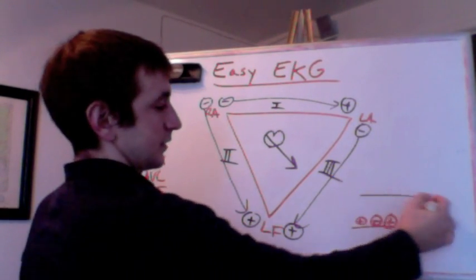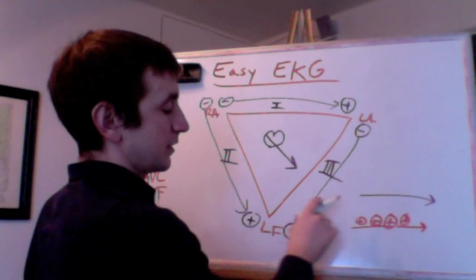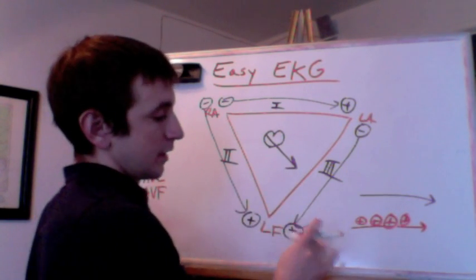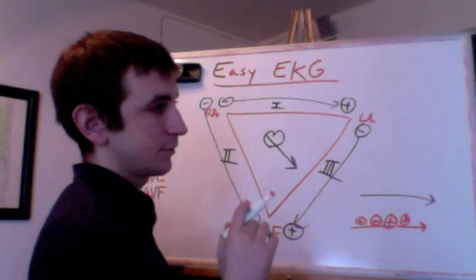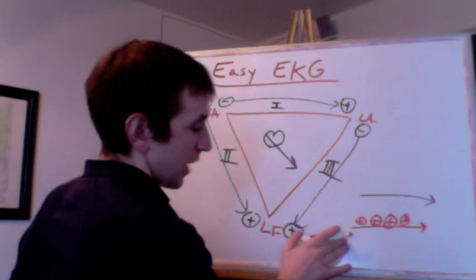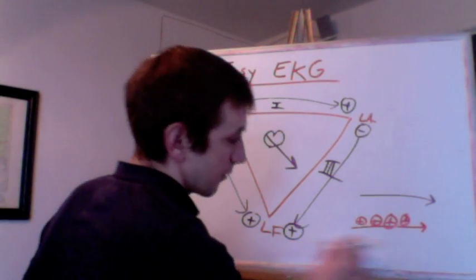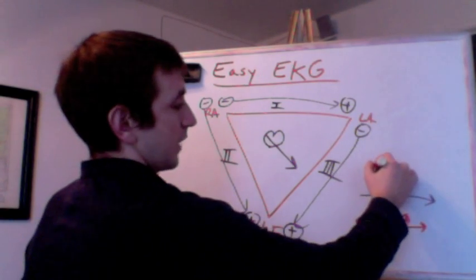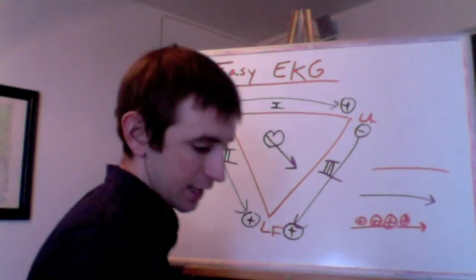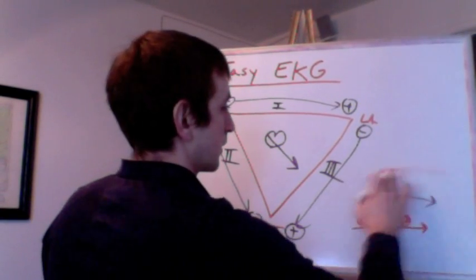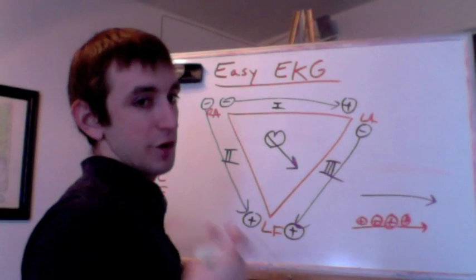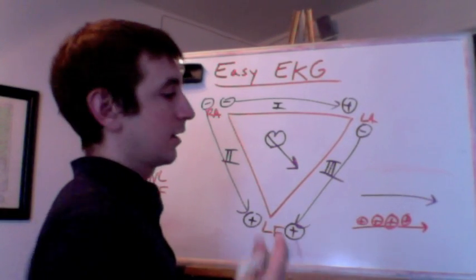We're looking at this lead 1 here. This lead 1 is designed to measure and show you any depolarization that's going to the right, okay? So if you have a depolarization that's going to the right, you're going to have a positive spike on that lead.